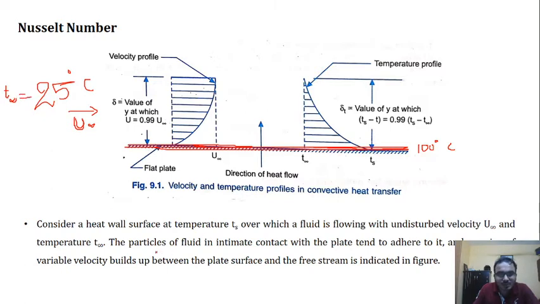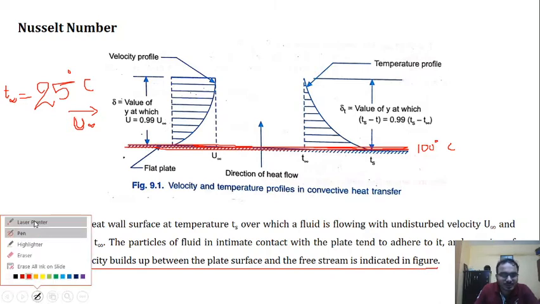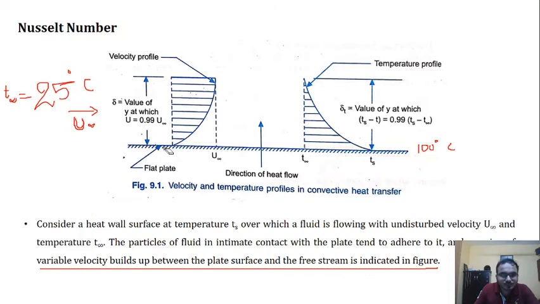The particles of fluid in intimate contact with the plate tend to adhere to it. So here the particles which are very near to this surface will try to stick to it, and a region of variable velocity builds up between the plate surface and free stream as shown in the figure. So here let me erase this again, and we will focus on this figure in very detail.